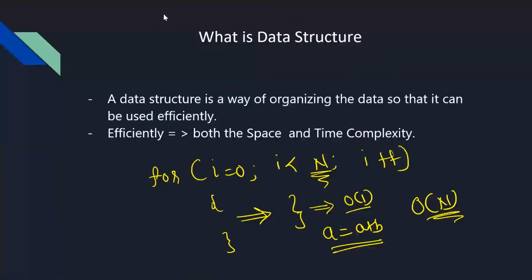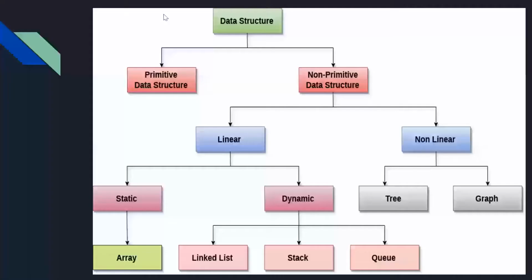Let's take it further and explain the types of data structures. As I said, some data structures are of primitive type, which are integer, float, and many others. And non-primitive data structures, which is where we are actually looking right now from an interview perspective, are linear and non-linear.